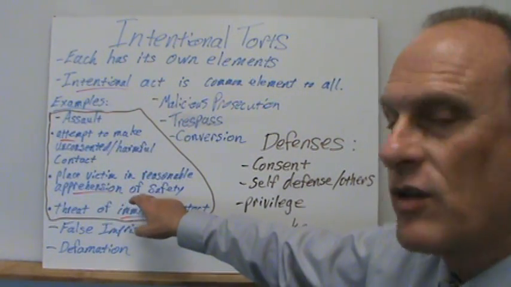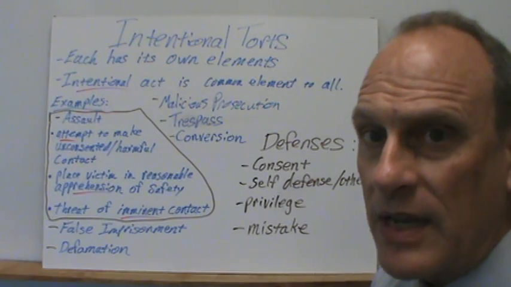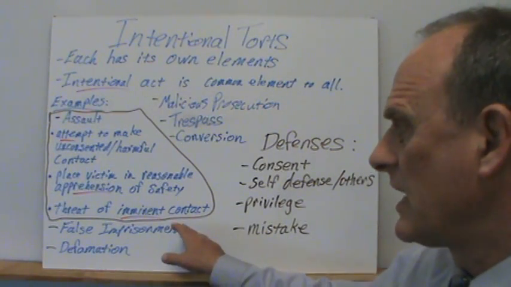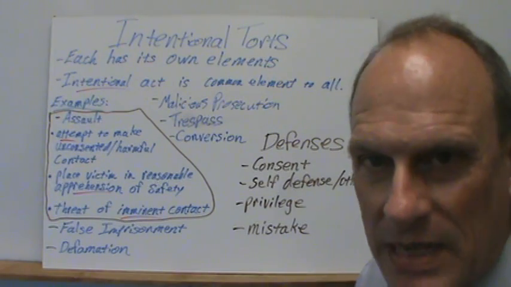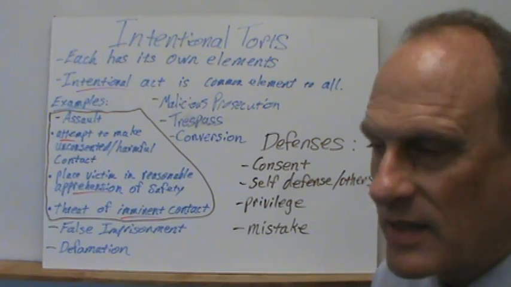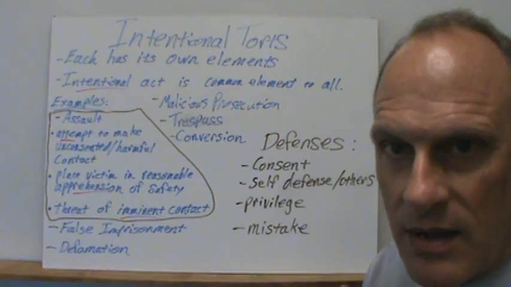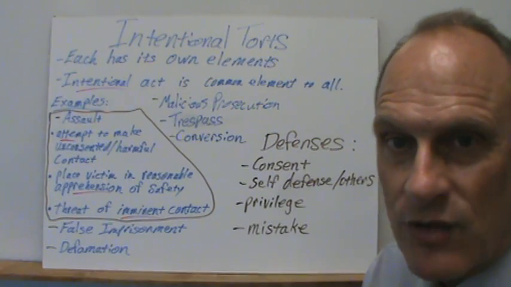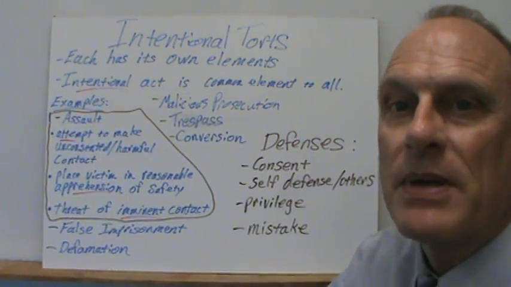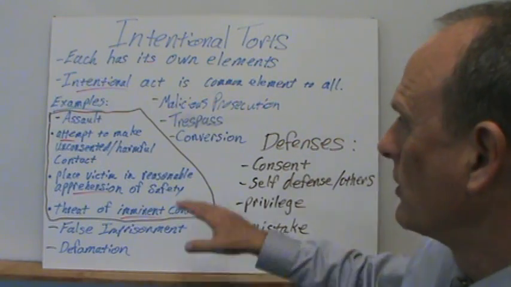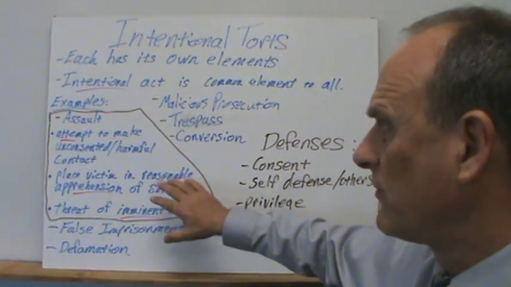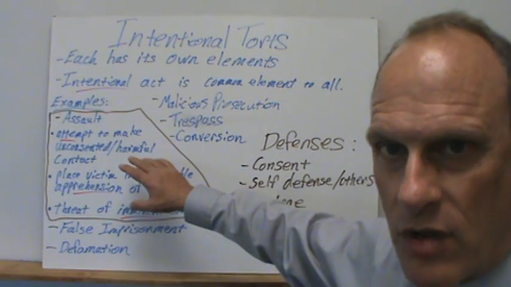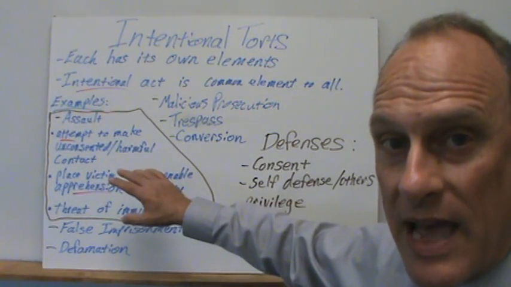And you place the victim in reasonable apprehension of their safety, and that contact that they're facing is an imminent contact. It's not going to happen later today. It's not going to happen next week or next month. It's going to happen now. So that would be assault. If you actually have a completed assault where you have the contact, what do you have?